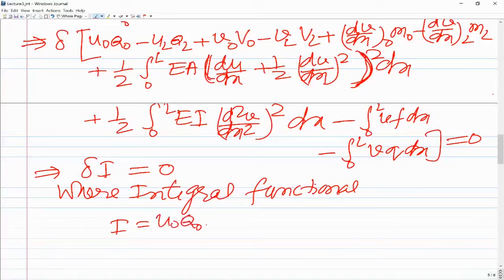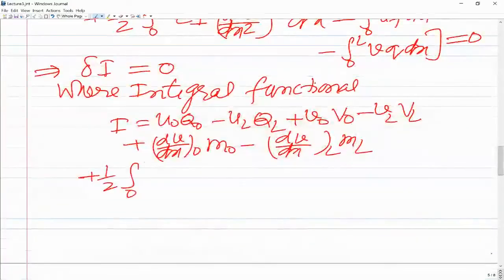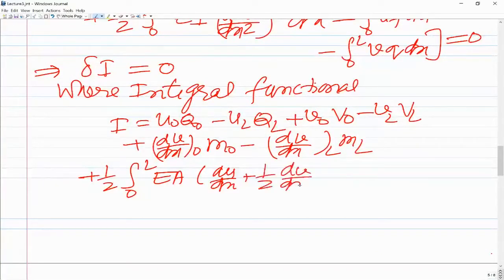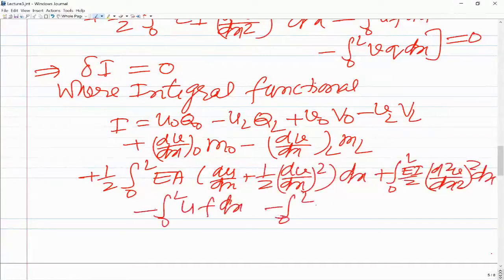So that is u naught q naught minus ql plus v naught minus vl plus dv by dx at naught into m naught minus dv by dx at l into ml plus half of integration 0 to L EA into du by dx plus half of dv by dx whole square dx plus integration 0 to L EI by 2 d2v by dx square whole square dx and minus integration 0 to L u f dx minus integration 0 to L vq dx. So this is your integral functional.